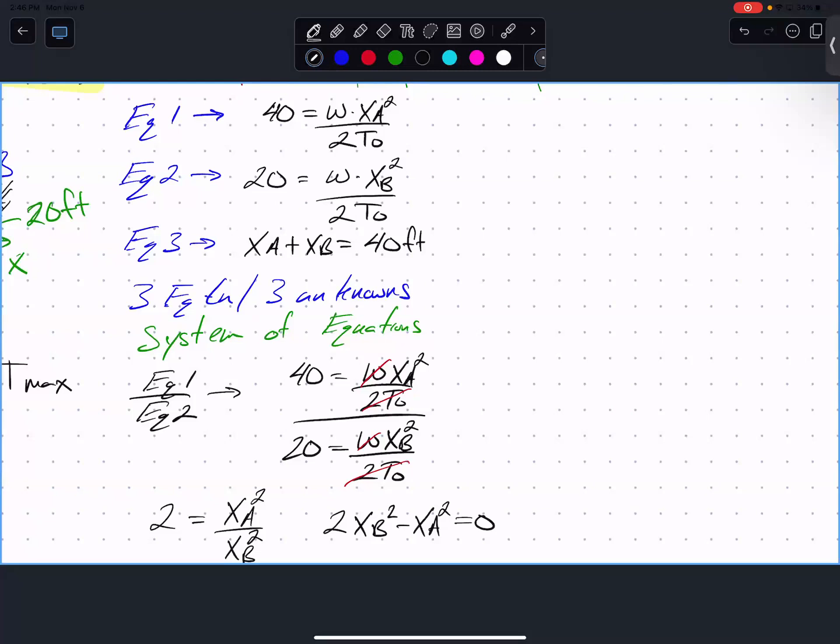Now I can plug in for xb. Let's get xb is equal to 40 minus xa. And so we're going to end up with 2 times 40 minus xa, squared, minus xa squared is equal to 0.